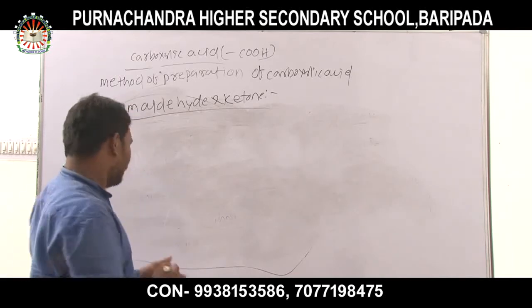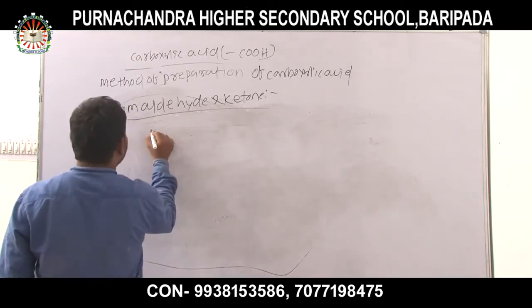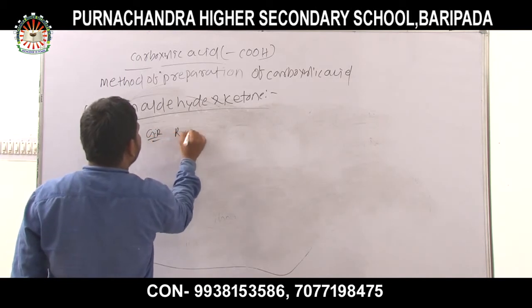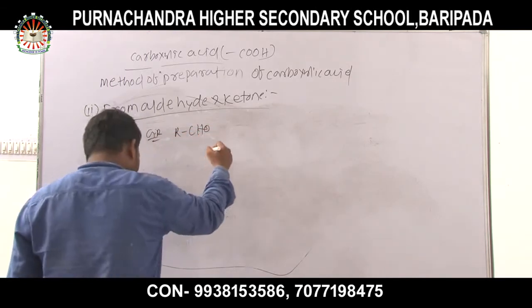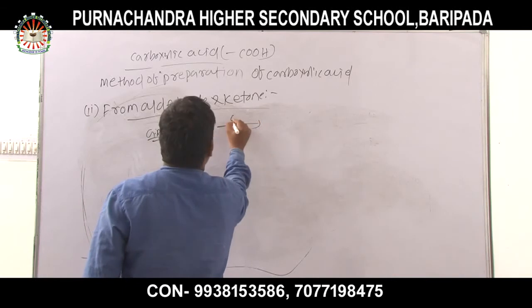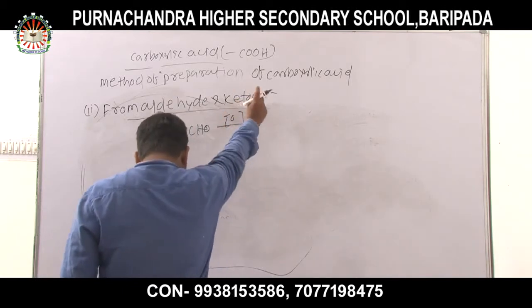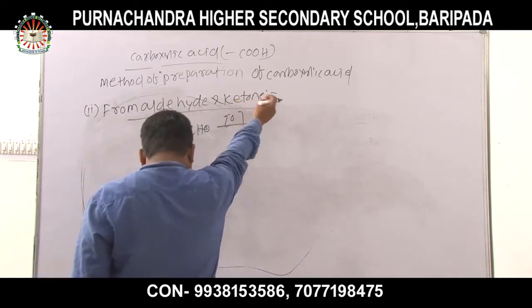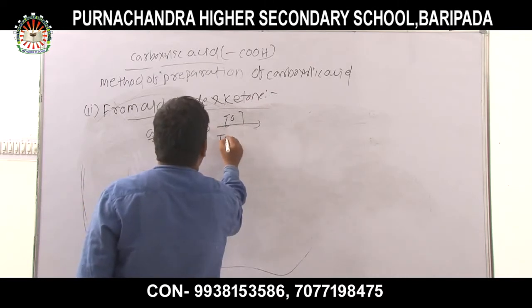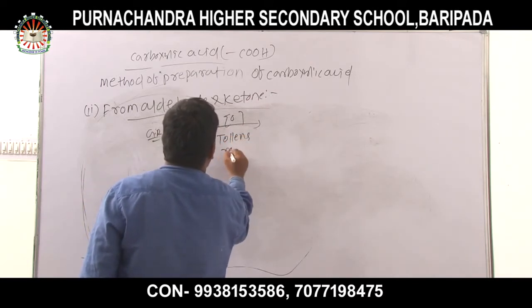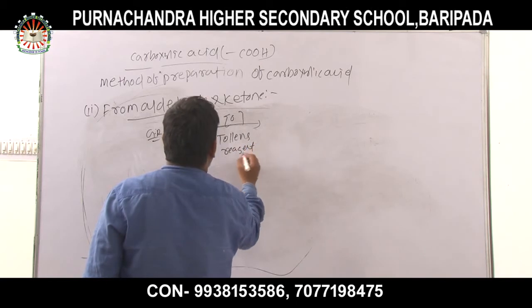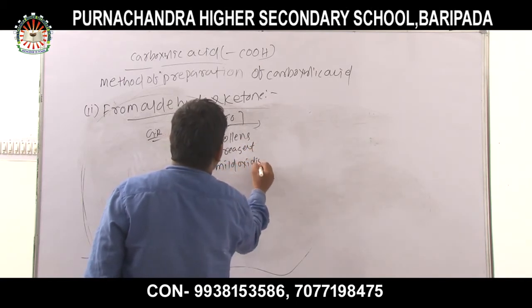an acid. The general reaction is: aldehyde, CHO, undergoes oxidation in the presence of Tollens reagent, which is a mild oxidizing agent.